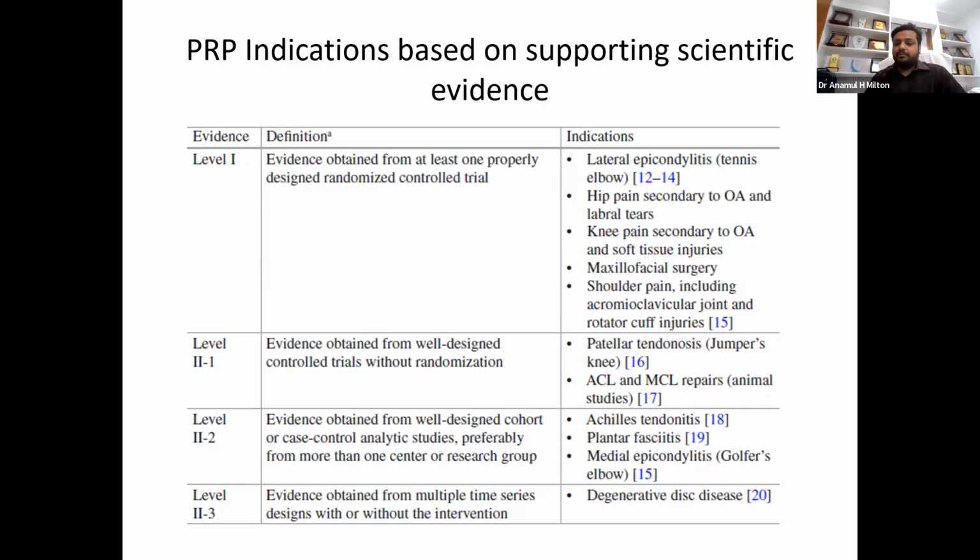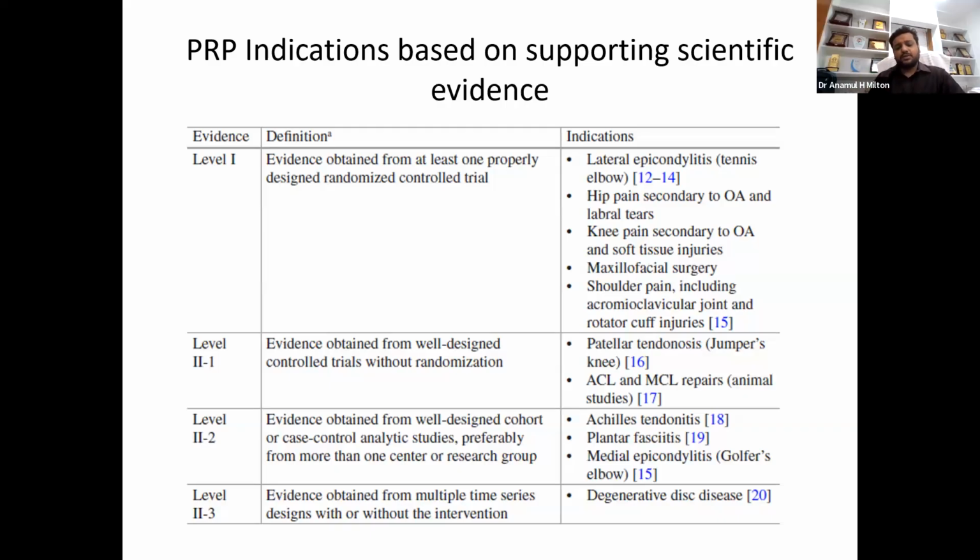Then hip pain due to osteoarthritis or lateral tear, osteoarthritic change in the knee, and shoulder pain like the acromioclavicular area or any rotator cuff injury. I made a video of a rotator cuff injury yesterday, but unfortunately I cannot transfer it from my mobile to the laptop, so I cannot show it. Later I will share it in the group.